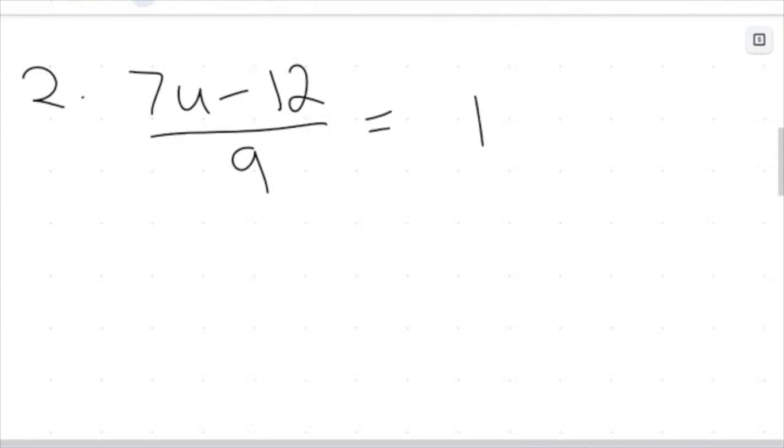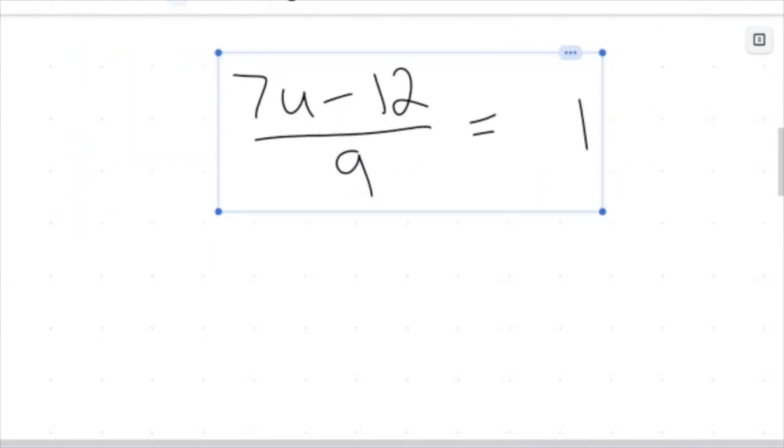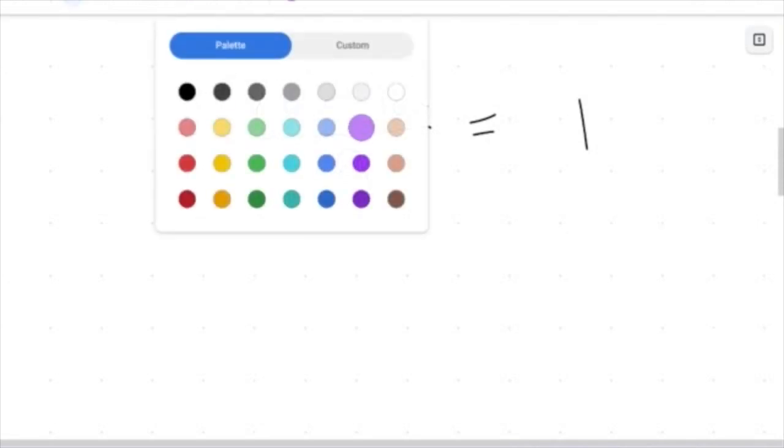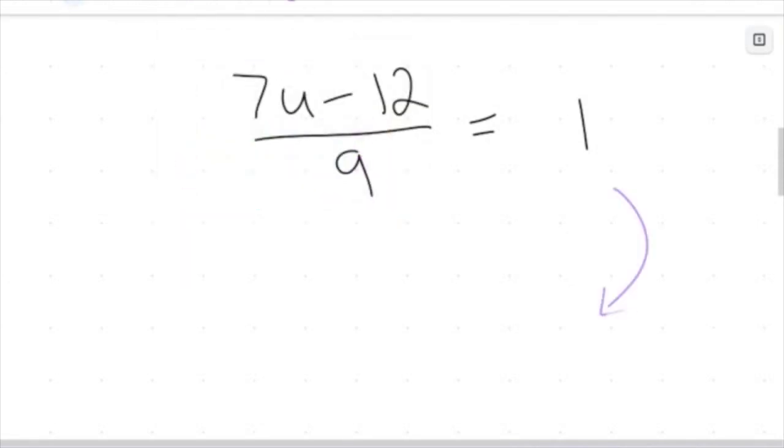And in the same way, sorry, let me just center this here. We're going to do this in the same way. This is very similar to the previous question, isn't it? Because I can find what 7u minus 12 is, because I know that when I divide it by 9, I get 1.